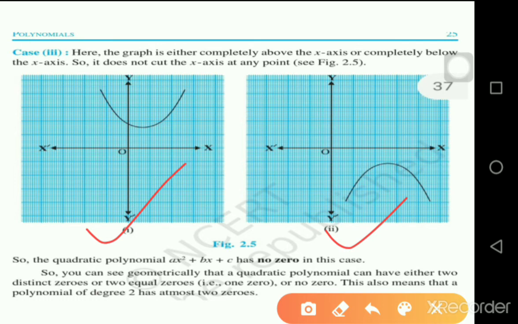For any value of x, it does not give y equal to 0. That is, nowhere is the value of the polynomial 0. It means the polynomial does not have a zero.